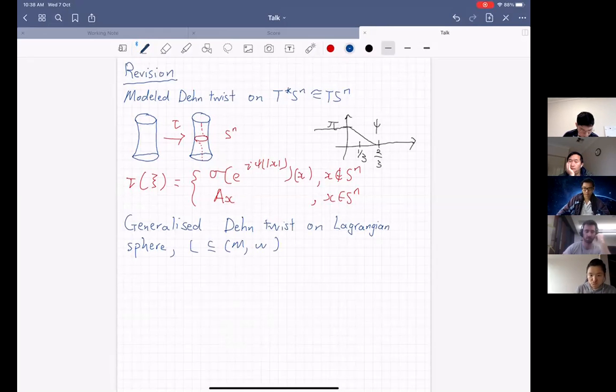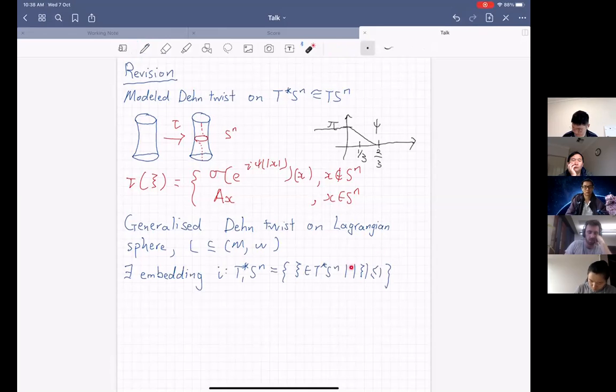Of course you need to find some tangent bundle-like neighborhood around this Lagrangian sphere. So you find one embedding of your cotangent bundle into your symplectic manifold. I think this one is not very important, but let's say we fix it as one.